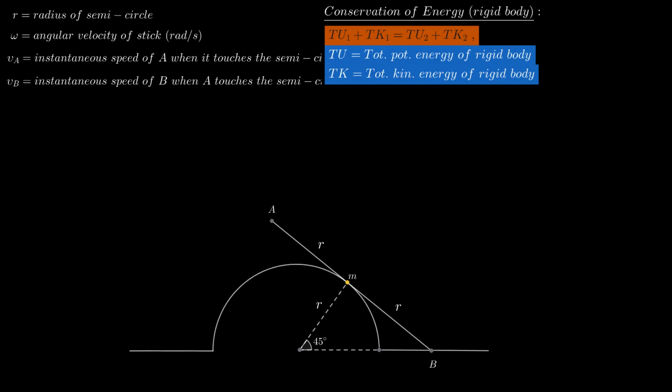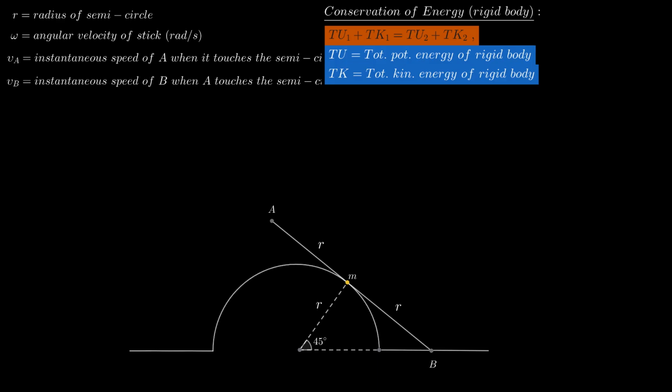So what the heck is the total potential and total kinetic energy of the rigid body, you ask? How does that differ from the regular potential and kinetic energy? Good question. If you recall, the formulae for the regular potential energy of a point mass is m times g times h, where h is the distance of the particle from the ground, and the kinetic energy is 1/2 times m times u squared, where u is the speed of the particle.